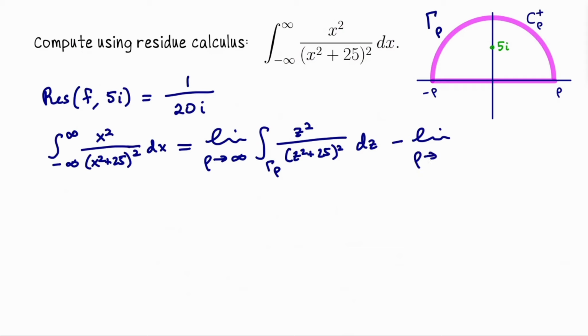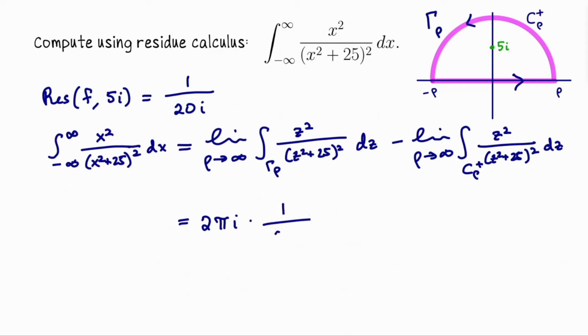That will be the limit as the radius grows to infinity of the integral along the upper arc of z squared over z squared plus 25 squared. Since our closed contour encloses the pole at 5i, the first integral is 2 pi i times 1 over 20i. And then as the radius grows to infinity, the second integral vanishes. So I'll write minus 0, because the degree of the denominator is 4 and the degree of the numerator is 2. So the degree of the denominator is at least 2 larger than the degree of the numerator.